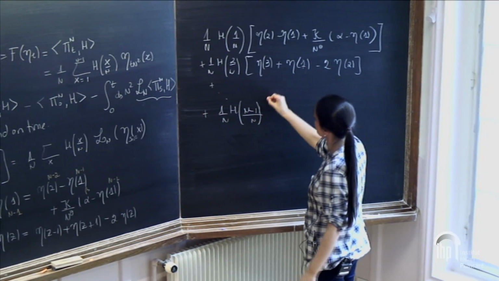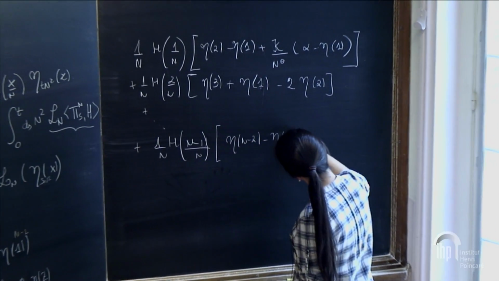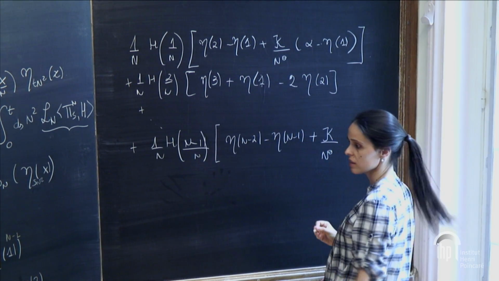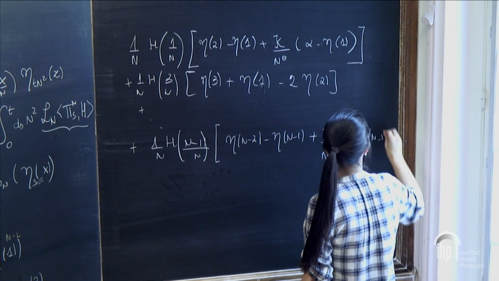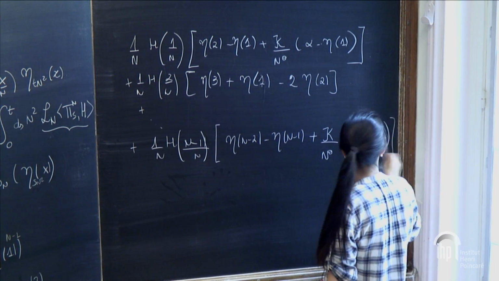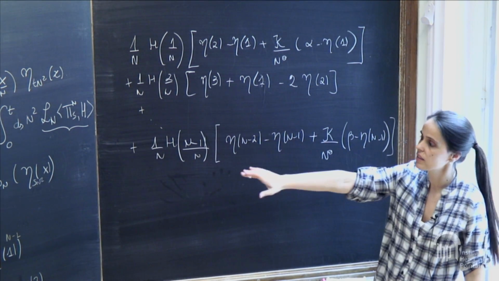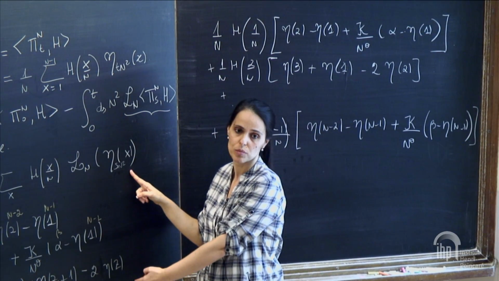And here I have eta n minus 2, eta n minus 1, kappa over n theta, beta minus. You agree? Yeah? I'm just expanding the sum and replacing the Ln at eta x by these expressions here.